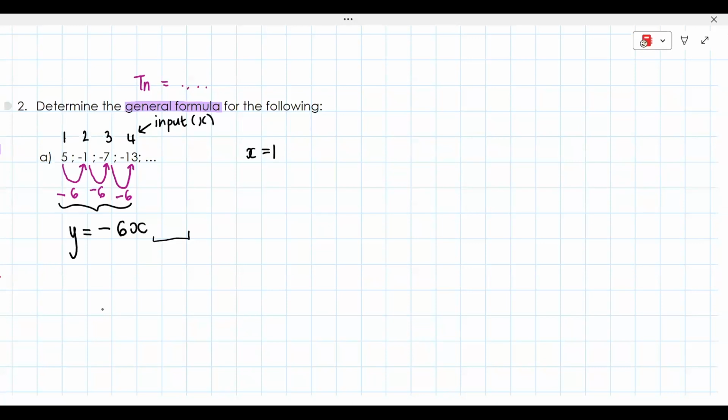If I take x equals 1, I want an output, so I want a y value of +5. So far, the only bit of my rule that I have is -6 times x. So -6 times x is -6 times 1, and that gives me -6.